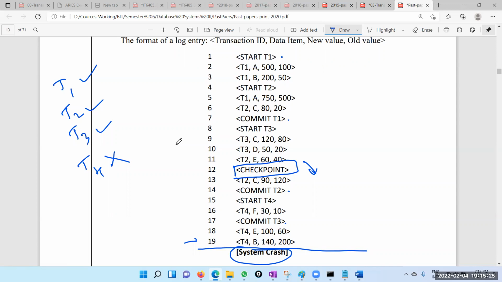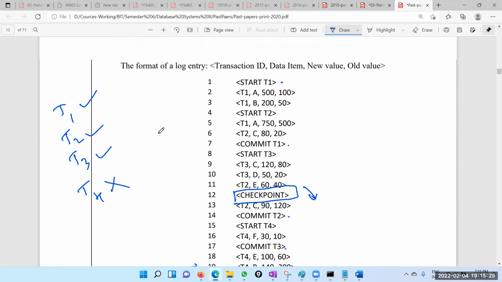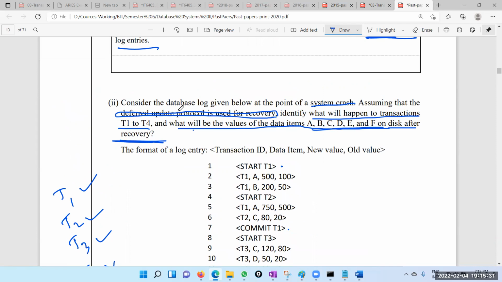So when you commit, we flush it because this is deferred update. Sorry, without committing, we don't update. Without committing, we don't flush, but there's a possibility that the committed things are not flushed. So that is my deferred update.